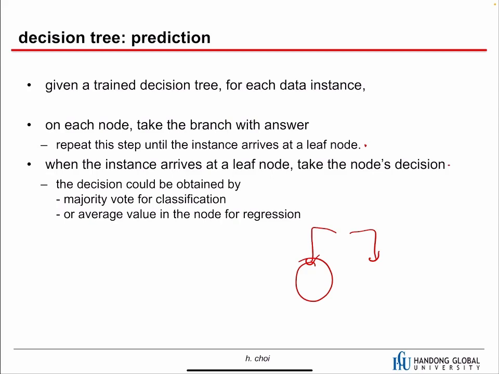Then in this leaf node, we have samples. When we train with these samples, based on the number of samples in each class, then we can determine the class of this node. Okay, so in the training, in this node we have five circles and 3 triangles.